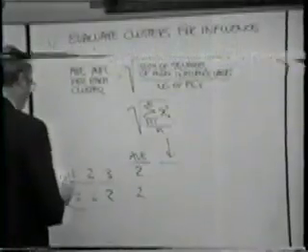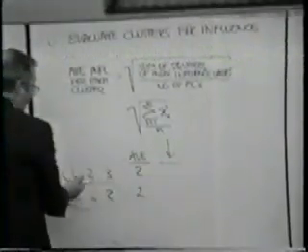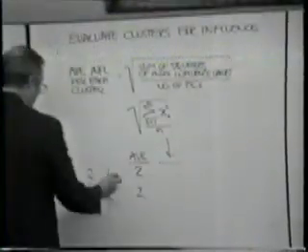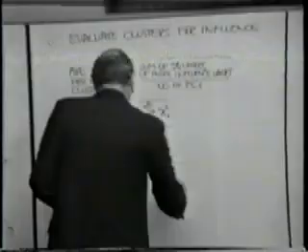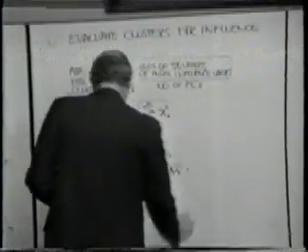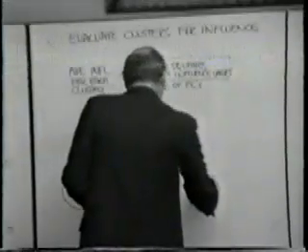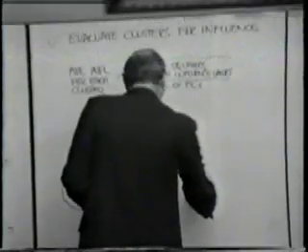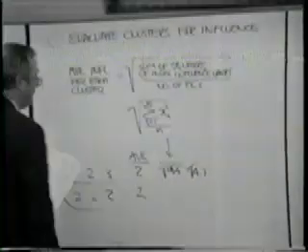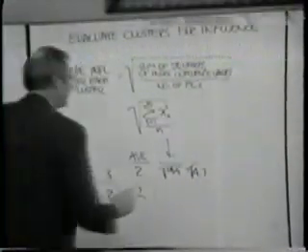Now the sum of the squares would be 1 plus 4 is 5 plus 9 is 14, divided by 3. So we'd have the square root of 14 thirds, which is equal to the square root of 4.7, right? Which is going to be larger than 2.